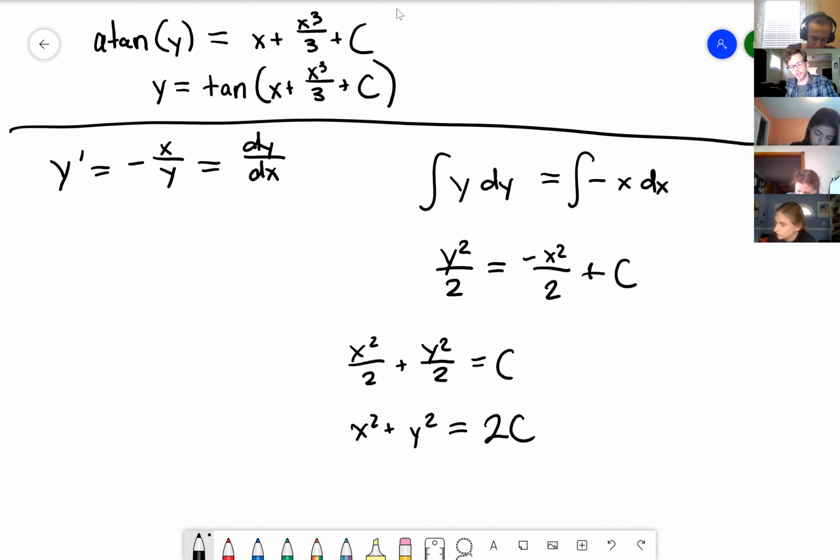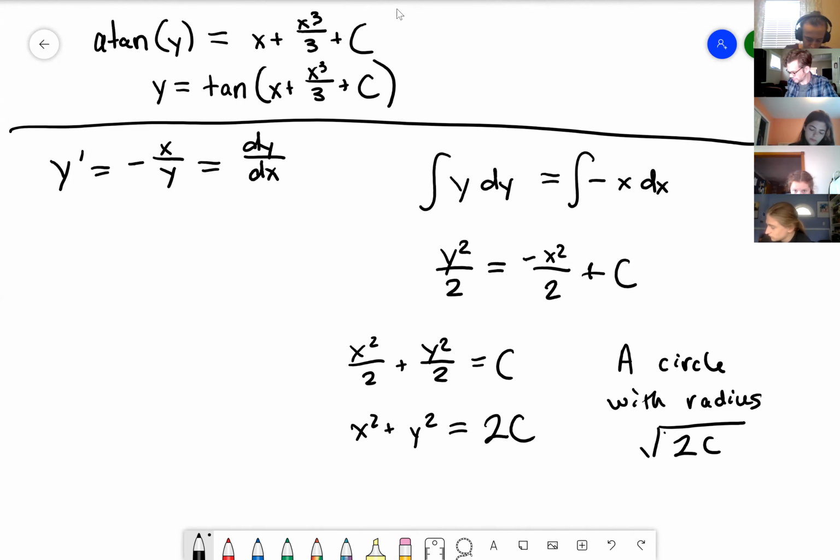And you'll immediately recognize this. This is just the equation of a circle with radius square root of 2c.